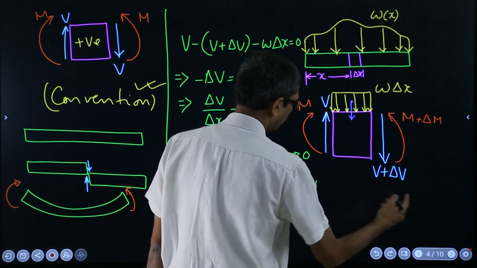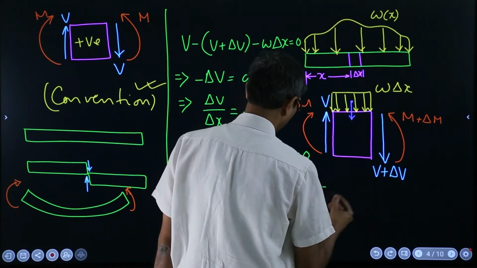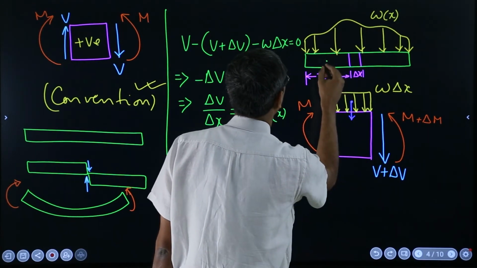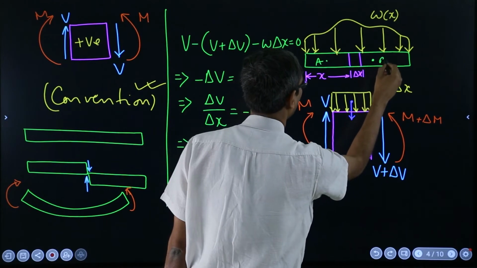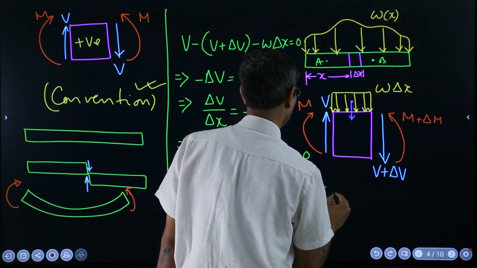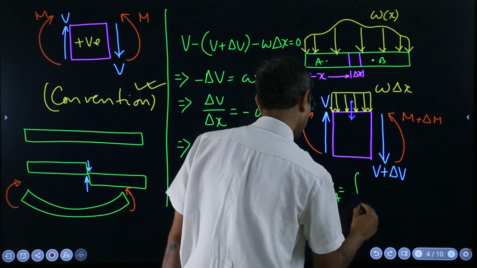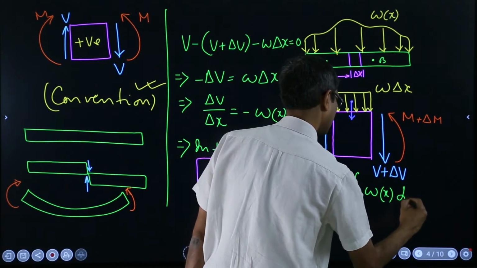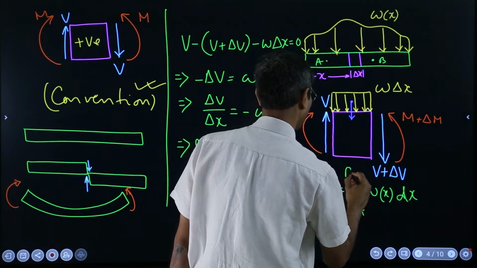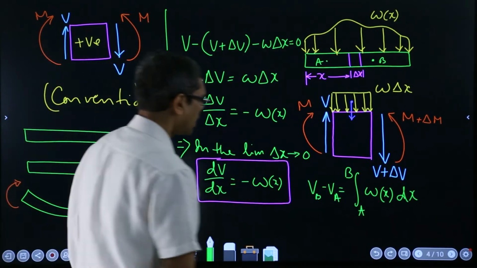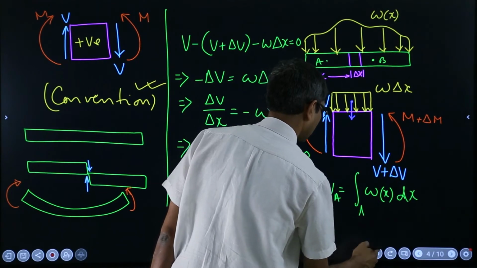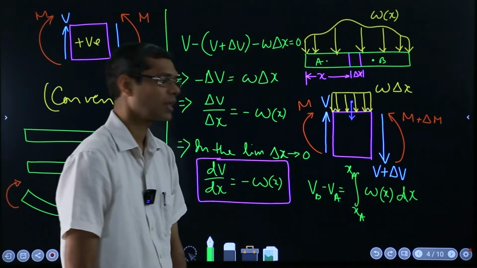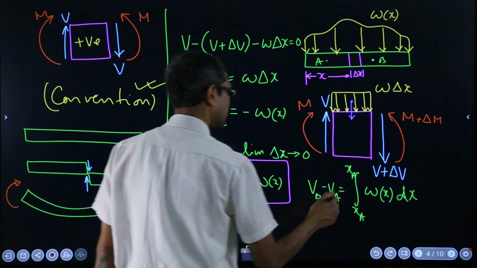So V between 2 points, say some point here is A, and some point here is B. Then VB minus VA will be equal to the integral of this function, which is a function of x, dx, between xa to xb. That's even clearer.